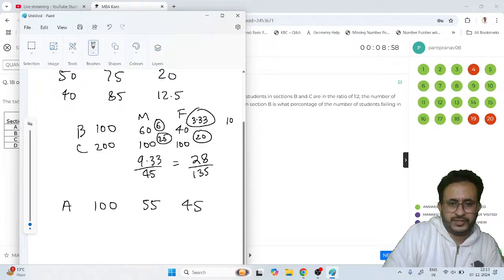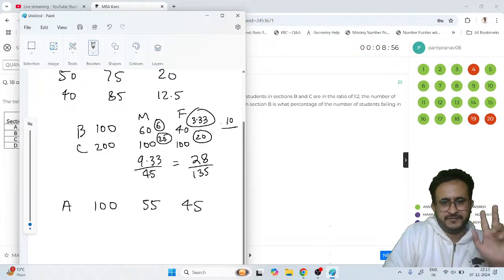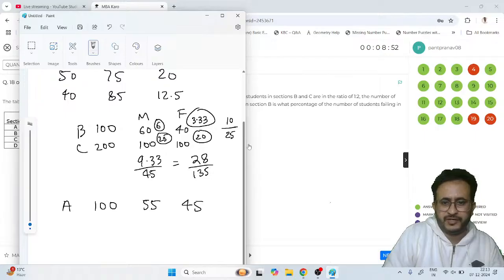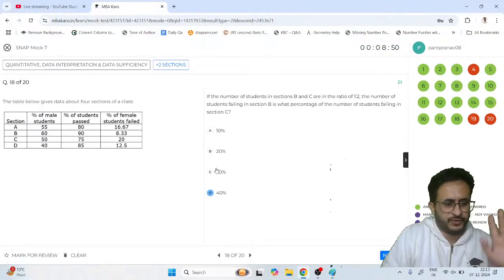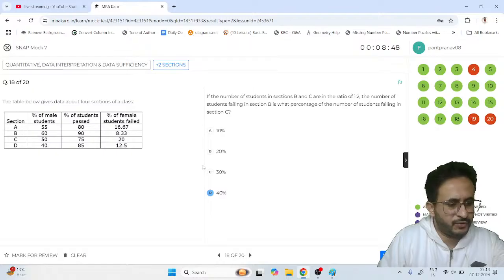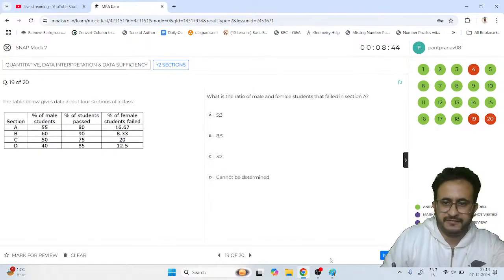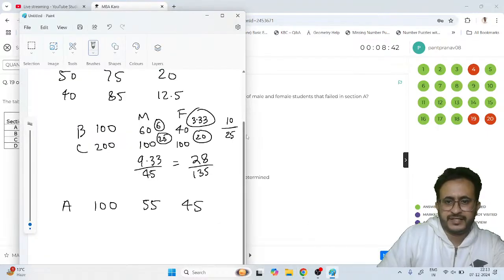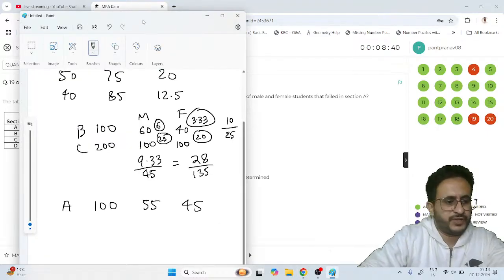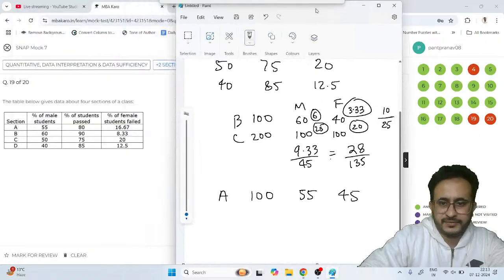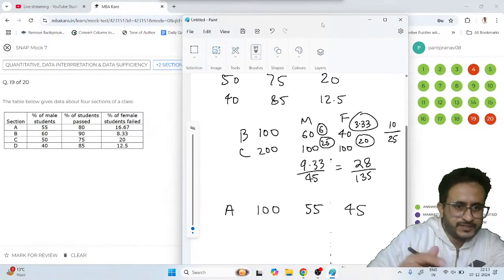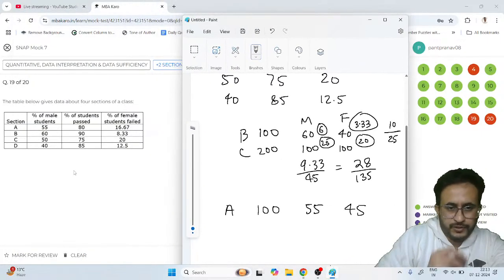So 90% are passed, 10% fail, so here 10 will fail and here 25 will fail. So 10 by 25, 40% will be the answer, because it is not just for male, it is about overall. Okay, now let's see male and female students that failed in section A. Remember that it is for overall students.